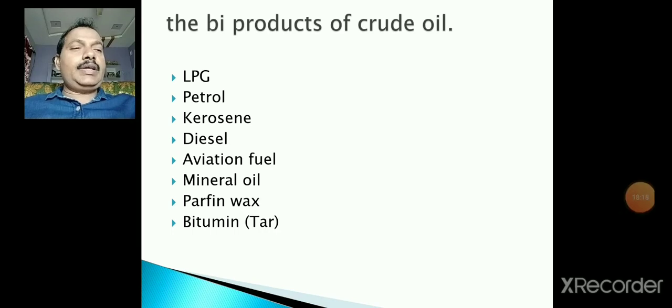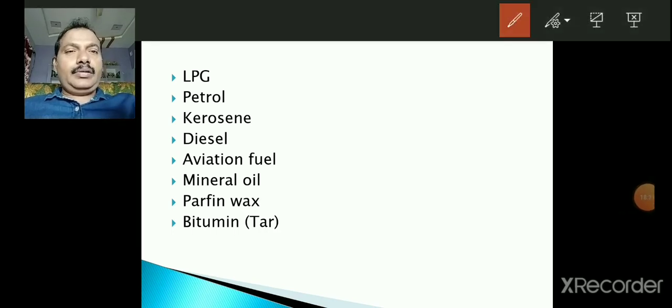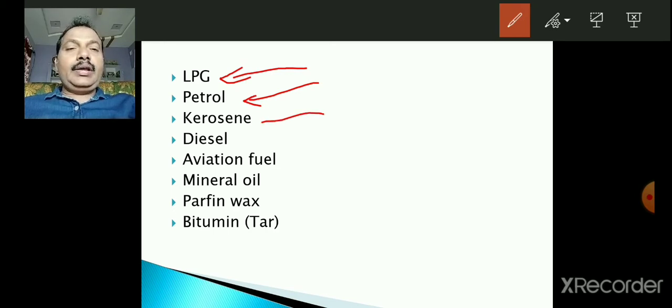So these are the products. For domestic purposes, LPG gas, and LPG is also available for vehicles. Petrol is used in transportation vehicles, kerosene is used for domestic purposes, and diesel is also for transporting vehicles.